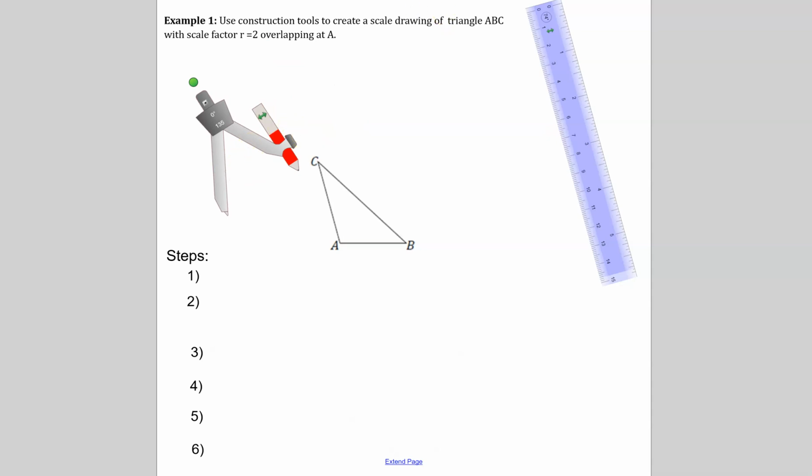Remember this point, the pointer here. This thing here, that's my pointer. That would be the bullseye on your slide compass. And my pencil would be the hole in your slide compass. All right, so let's write down some of the steps here as we go.